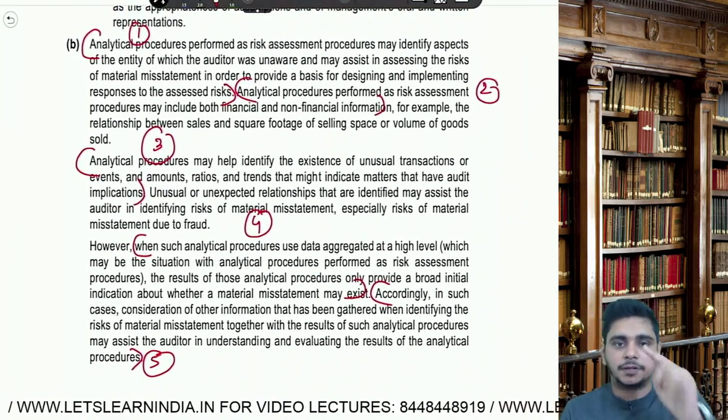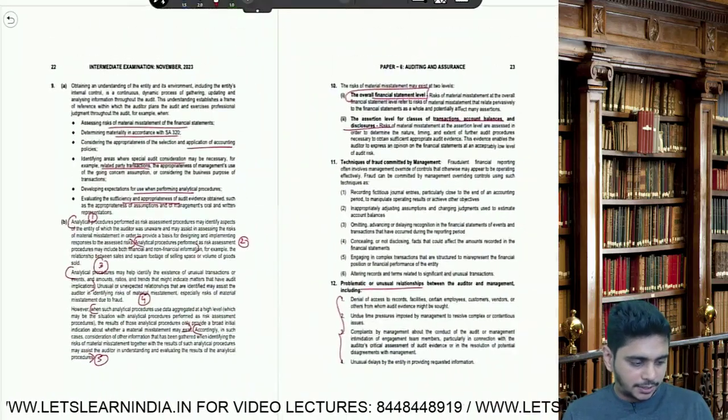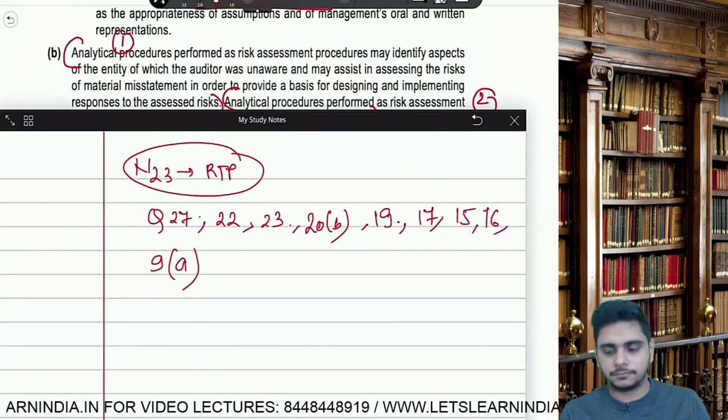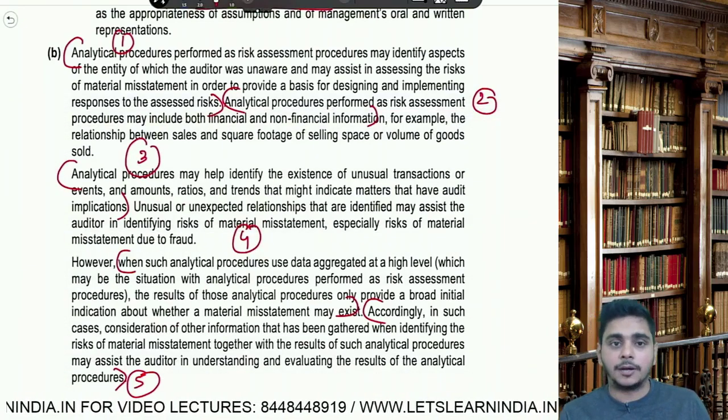That's it. Read the B answer. And 9A we will be marking. Read the marked points.